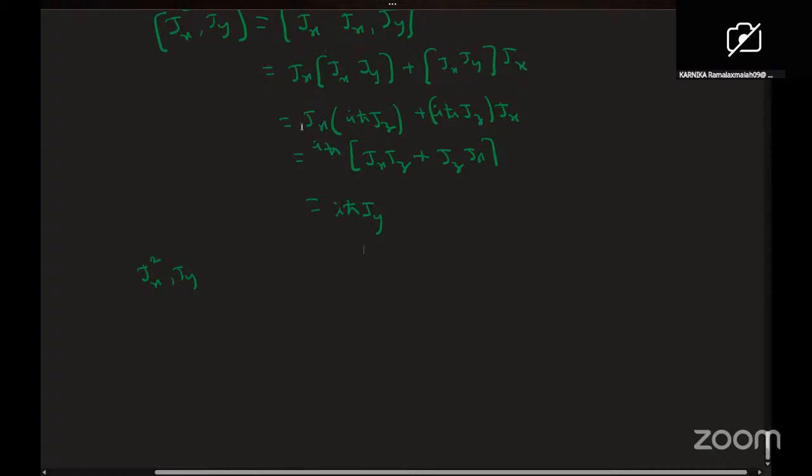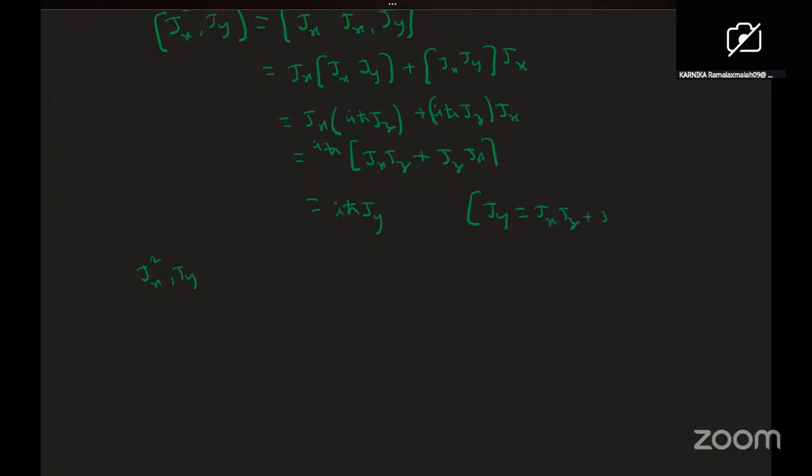So finally it came Jx, Jz and Jz and Jx. So here Jx, Jz plus Jz, Jx is equal to Jy. Understood? So you write also here: Jy is equal to Jx, Jz plus Jz, Jx. Okay, so that is the equation.